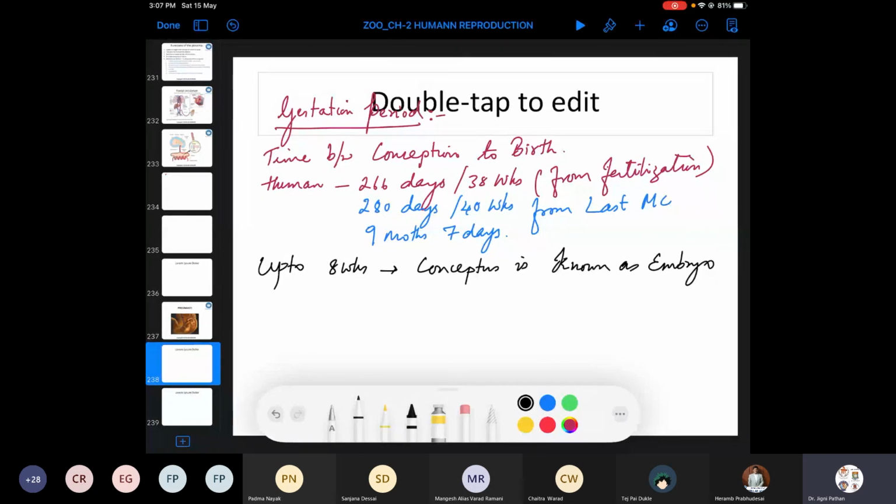After 8 weeks to 2 months, it is known as fetus.